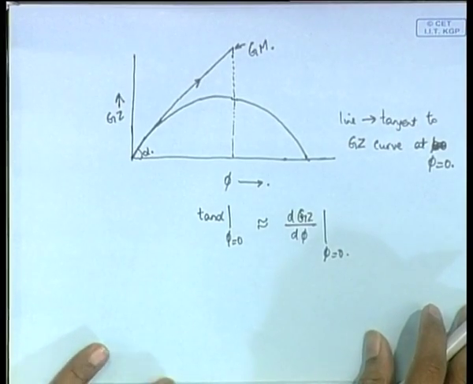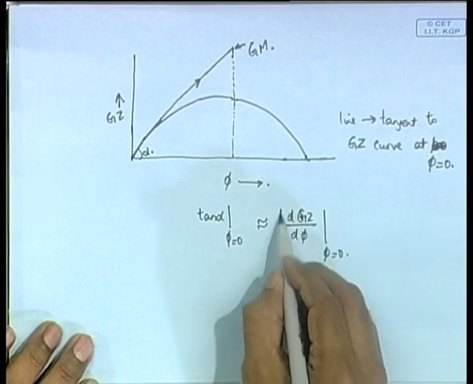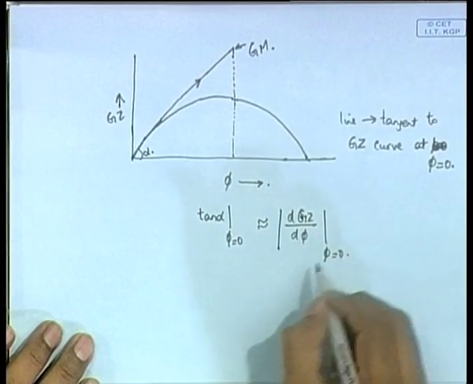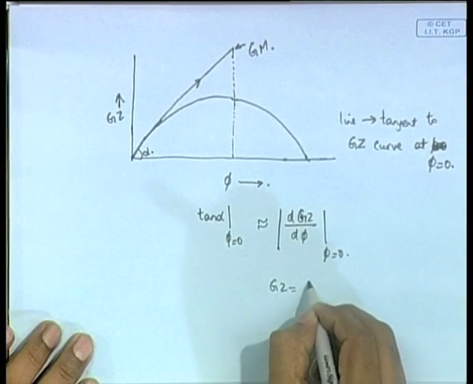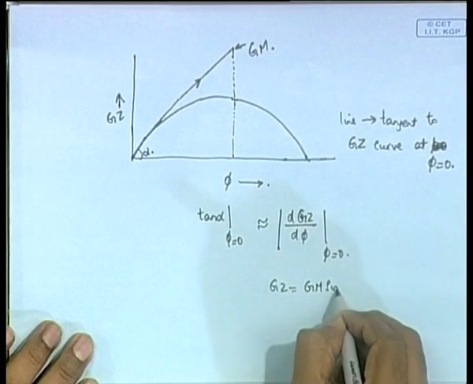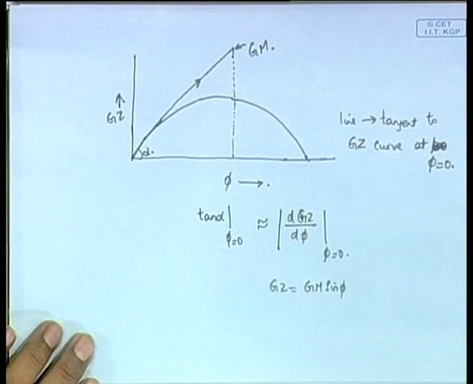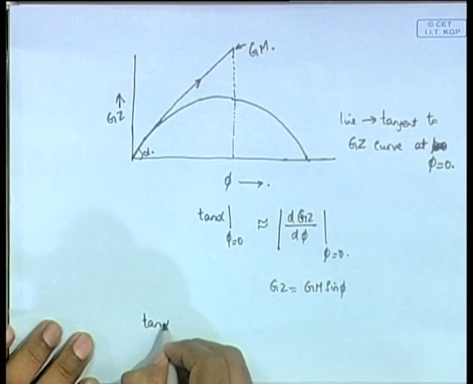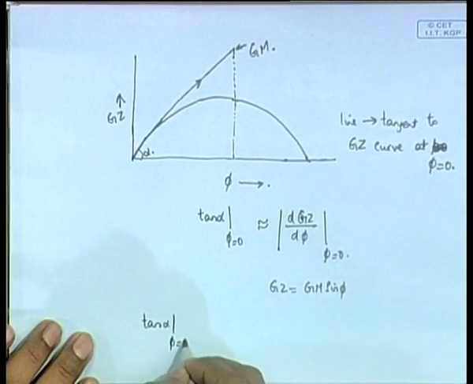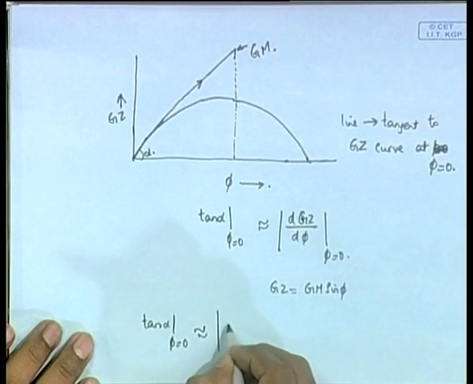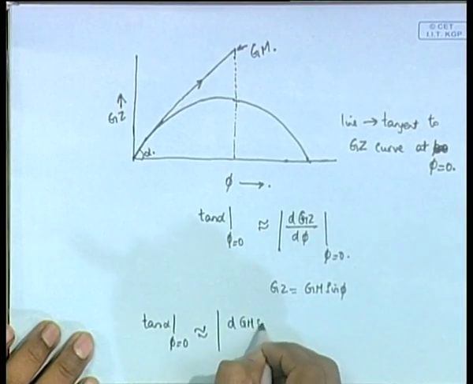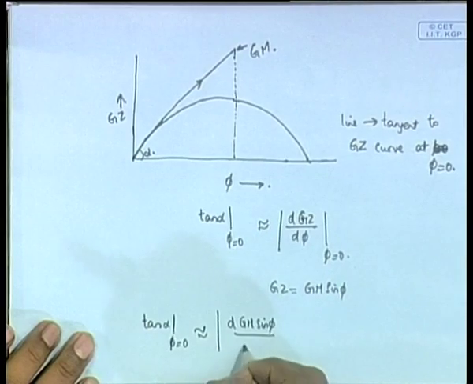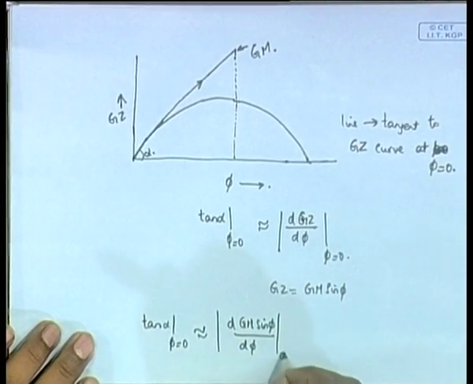Now, I am going to expand this. We have already derived this formula for Gz, so I will use this. Therefore, tan alpha at phi equal to 0 becomes the integral of d of GM sin phi by d phi at phi equal to 0.